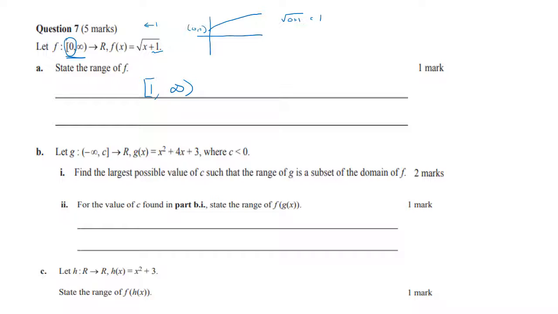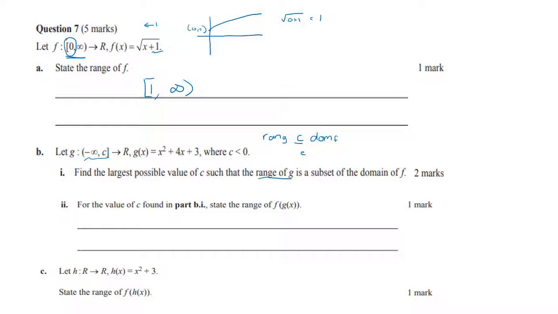Now we've got a second function here that says g of x equals x squared plus 4x plus 3, so that's a parabola. We've got a restricted domain here, but we don't know what c is yet. And we're wanting to find the largest possible value of c such that the range of g is a subset of the domain of f.